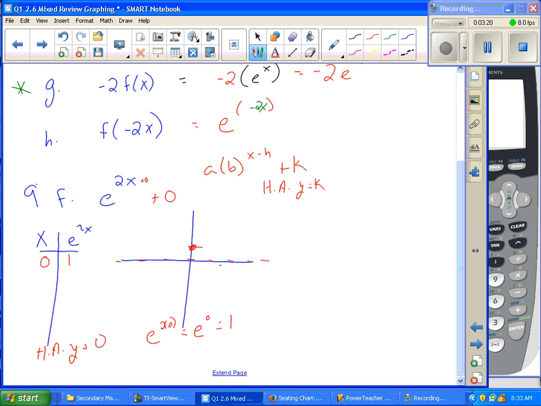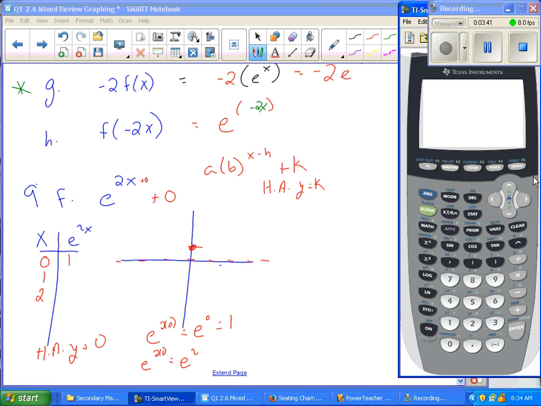And then this is going to be exponential growth because there's not a negative in front of that exponent of x. So I want to choose now x values to the right of 0, so like maybe 1, 2, just pick some to the right. So if I plug in 1, I'll get e to the 2 times 1, which is e to the second.